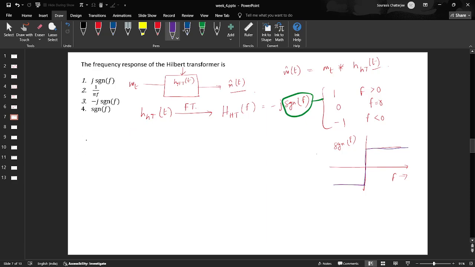Now let us consider the same thing, sgn(t) in time domain. That doesn't really change anything apart from the naming of the x-axis, so that remains the same.